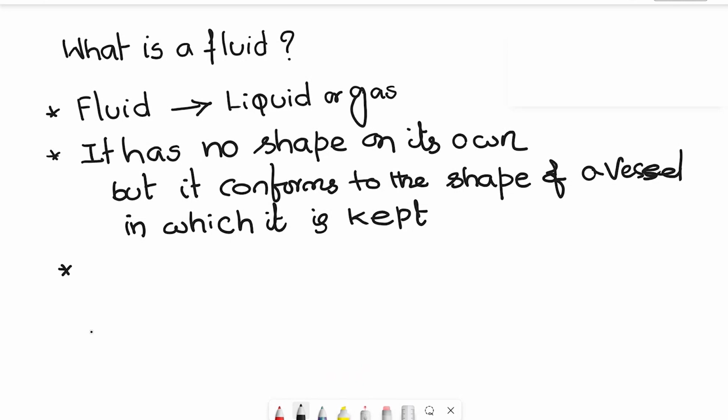If you now take a solid, now this I have fixed. Now what I have done, here I applied the force.